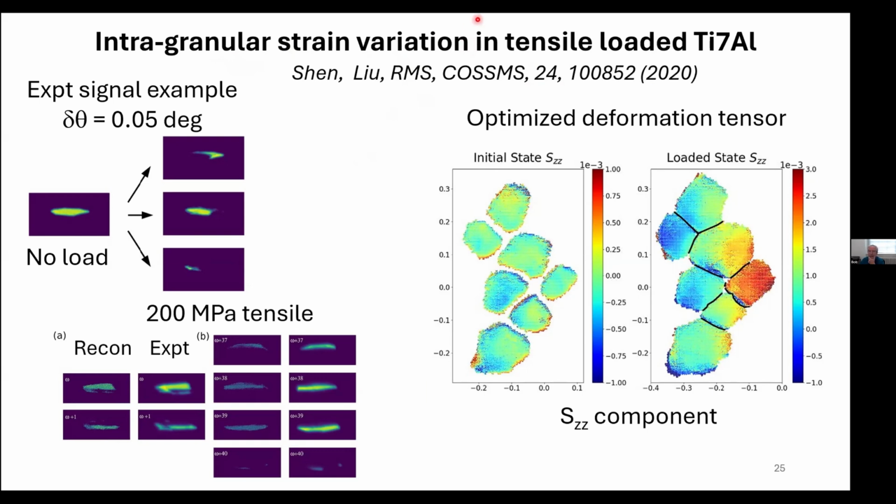And the question is, are we sensitive to those kinds of small variations in the unit cell? And in particular, are we sensitive to the variation in the strain state within grains? So, let me just show you what the signal looks like.